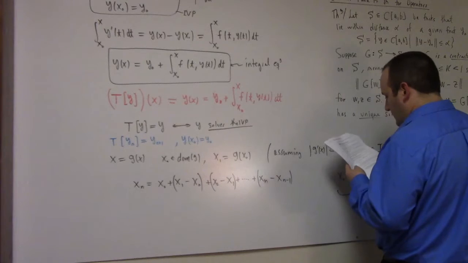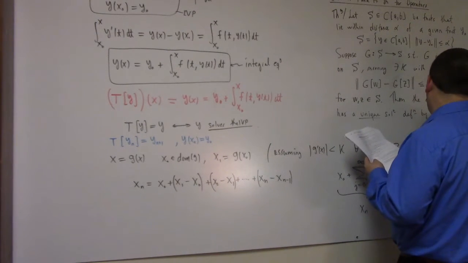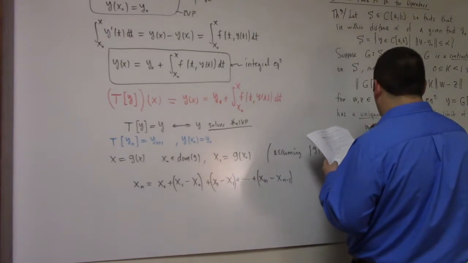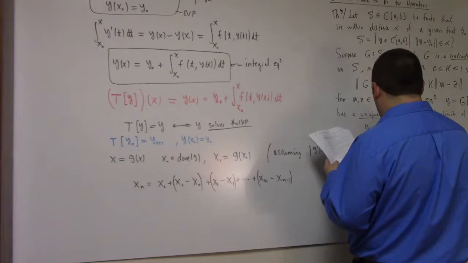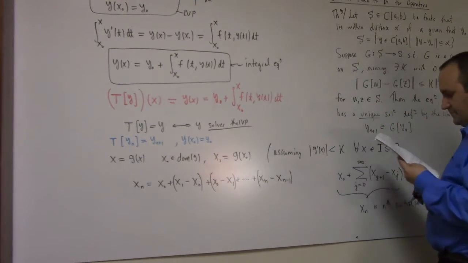It has a unique solution defined by the limit of the iteration of yn plus 1 equal to g of yn.